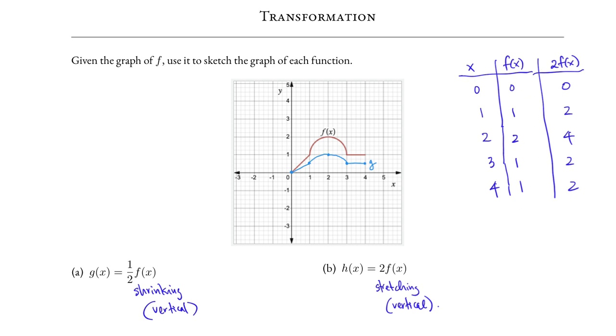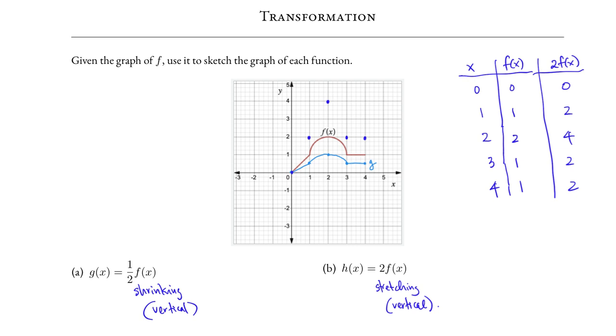So when x equals 0, y is 0. When x equals 1, the new y value is now 2. When x equals 2, the y value is 4. When x equals 3, the y value is 2, and when x equals 4, the y value is 2.